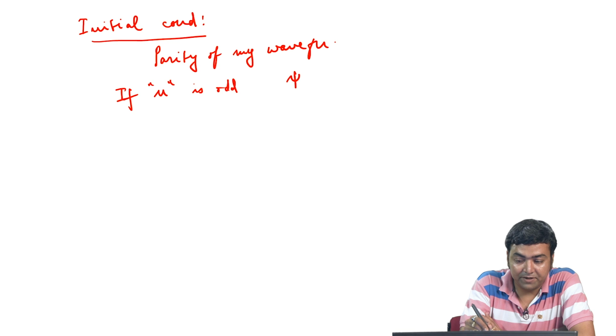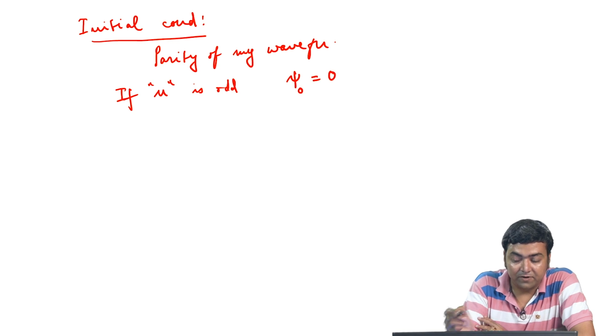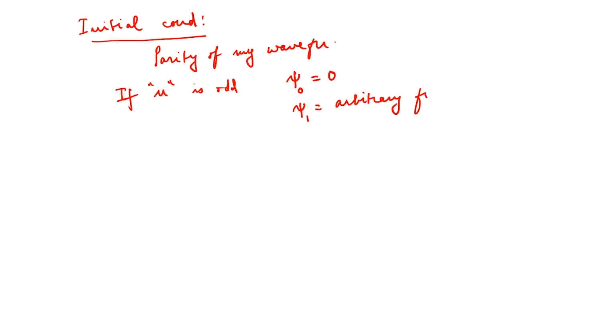So, psi 0 is equal to 0, and for psi 1 I add some arbitrary finite value. On the other hand, for n even, the wave function at psi 0 has some arbitrary finite value. It will always be non-zero at psi 0.